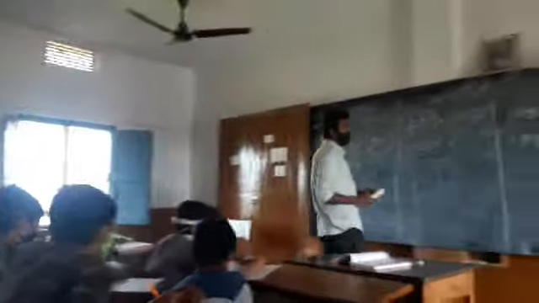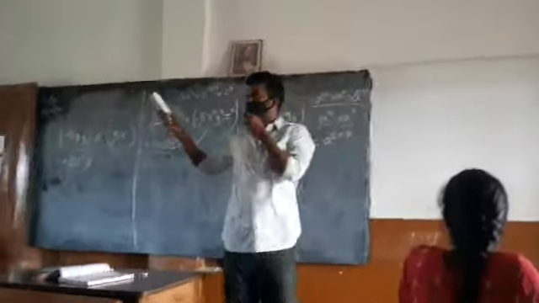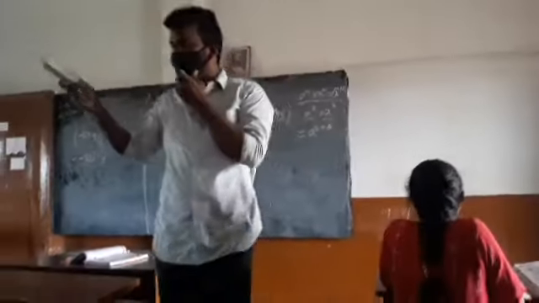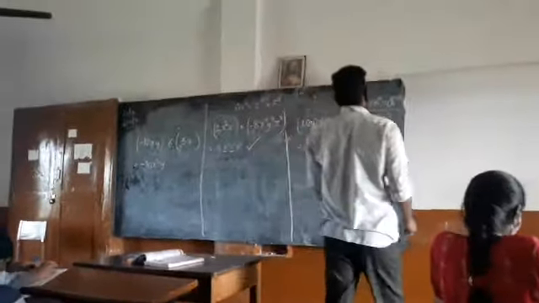Children, focus on the formula of a power m into a power n. This formula is going to help you in solving the multiplications effectively. This little formula will be there for the entire chapter.